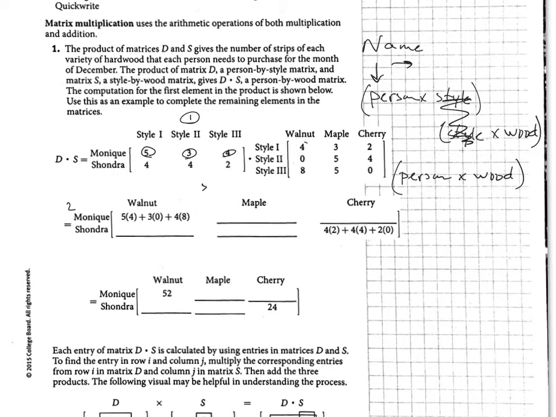And I'll do it several more times. So to show you what we're going to do here, we're going to go across and down the maple, because we're going to be in the maple column. So it's going to be 5 times 3 plus, now we're here, 3 times 5 plus that 4 times the bottom one, the 5.